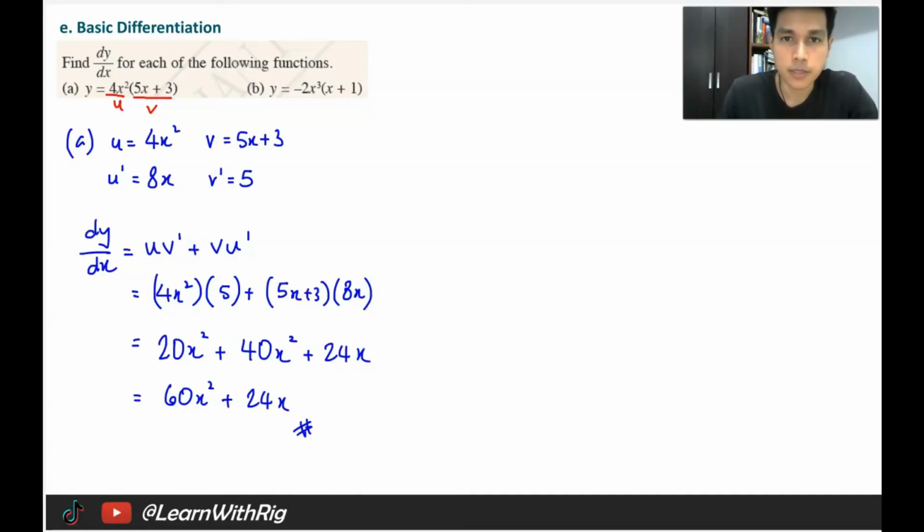Next, let's see question B. Which is going to be u and which is going to be v? The front part here becomes u, this one is going to be v. Now if you switch it up, if you mix them up, you should also get the same answer, by the way.